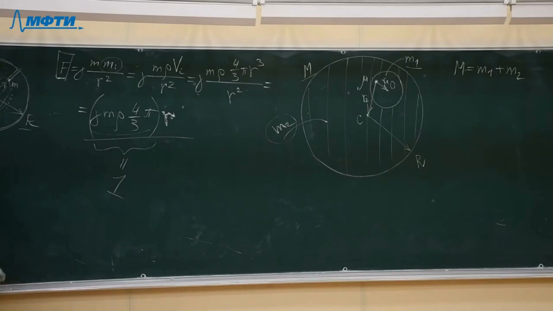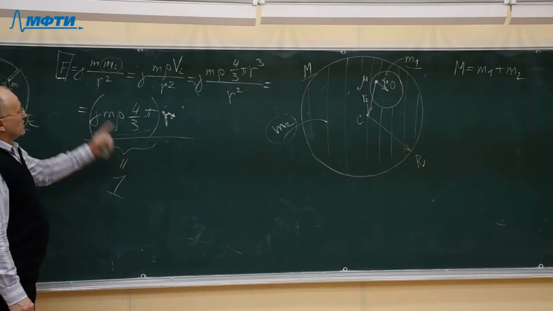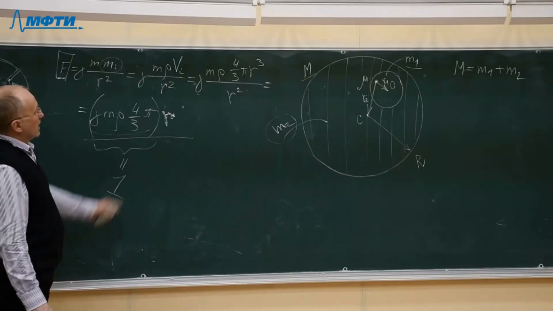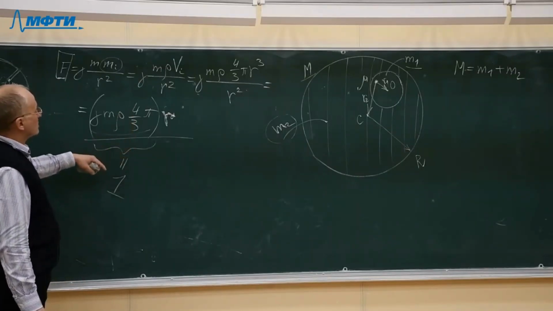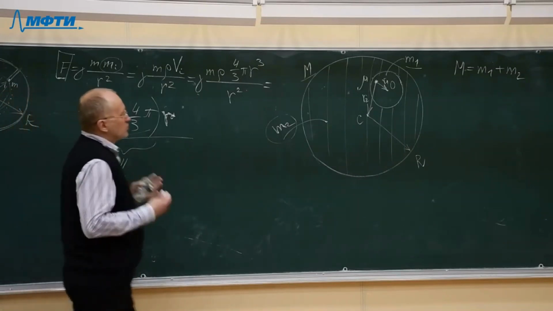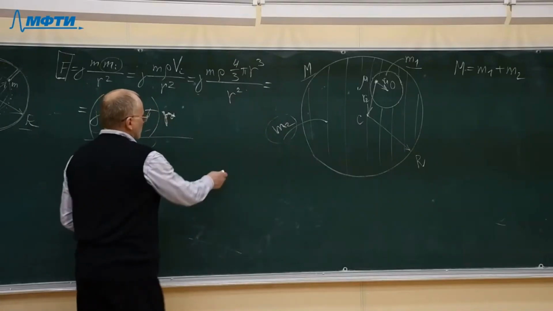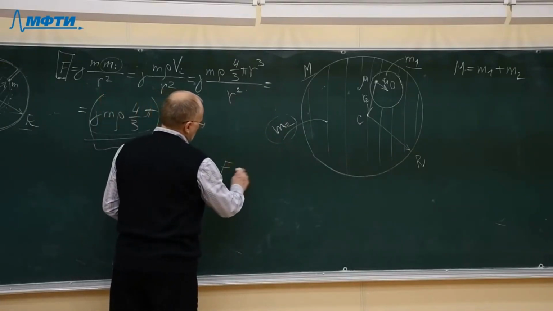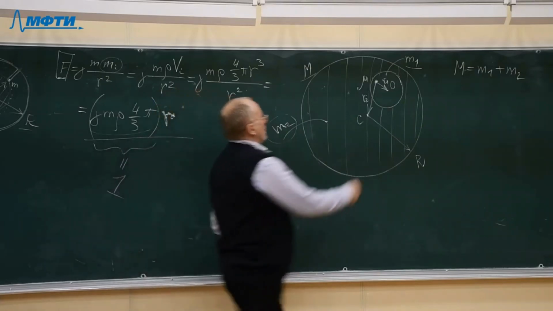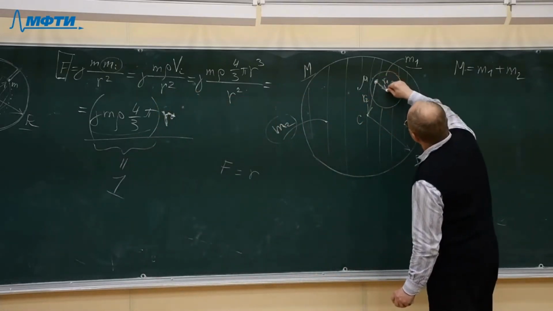It will be very easy to carry out all the considerations. So if this coefficient is unity, then the force is equal in these units of measurement to the radius. And so the force acting on this point will be equal to this radius.